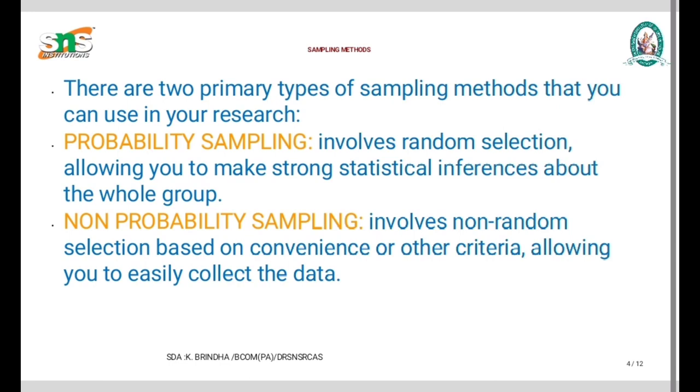And the second one is voluntary response sampling. Similar to a convenience sample, a voluntary response sample is mainly based on ease of access. Instead of researchers choosing participants and directly contacting them, people volunteer themselves. And the third one is purposive sampling. This type of sampling, also known as judgment sampling, involves the researcher using their expertise to select a sample that is most useful to the purpose of the research.